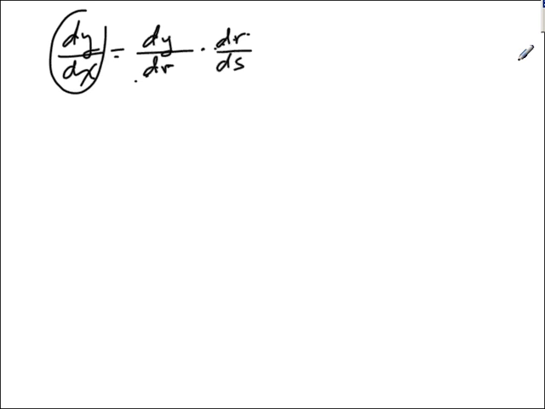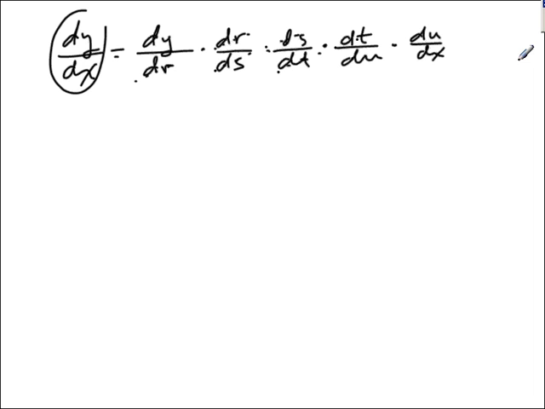Times ds over dt, the ds cancels, and now you have dy over dt. Multiply by dt over du. Now the dt cancels, you have dy over du. And now if you multiply by du over dx, now you have dy over dx. So it goes on and on.